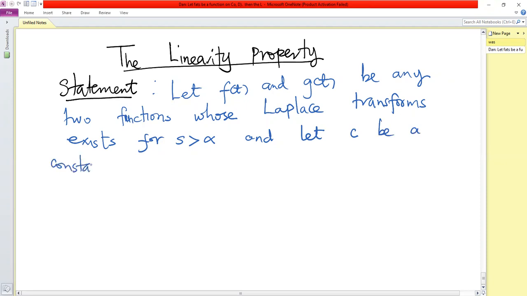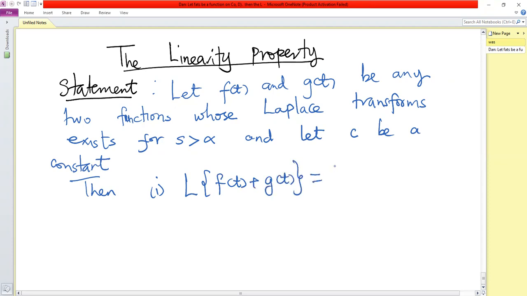Then we have, one, that the Laplace transform of f of t plus g of t is the same as the Laplace transform of f of t plus the Laplace transform of g of t.